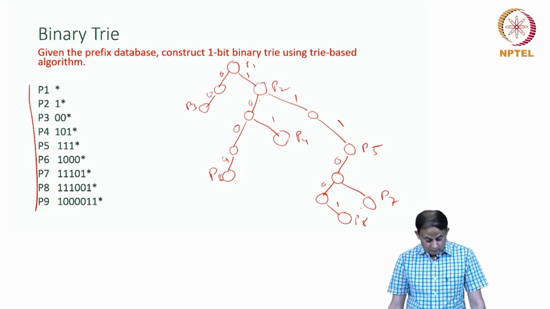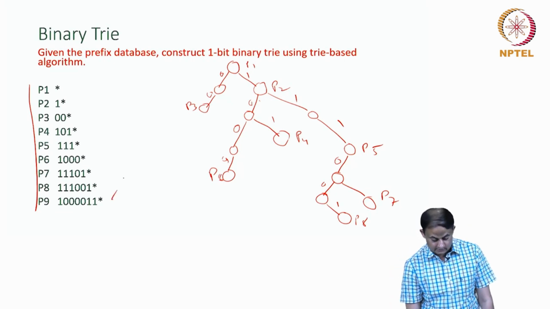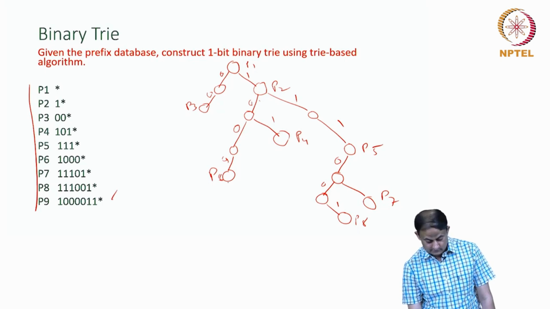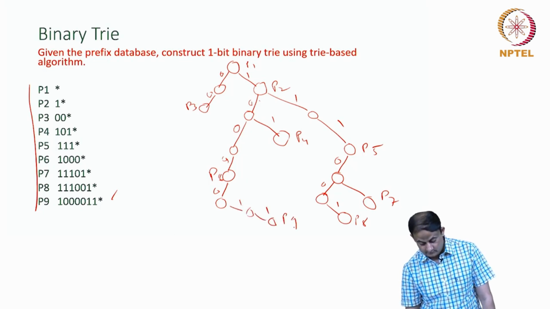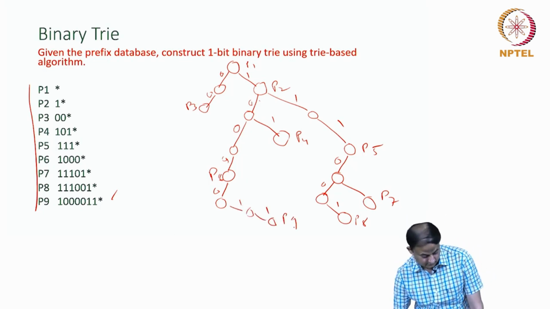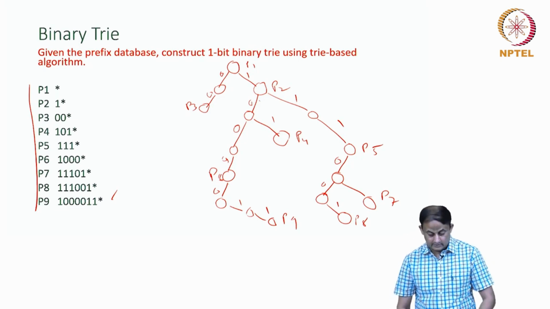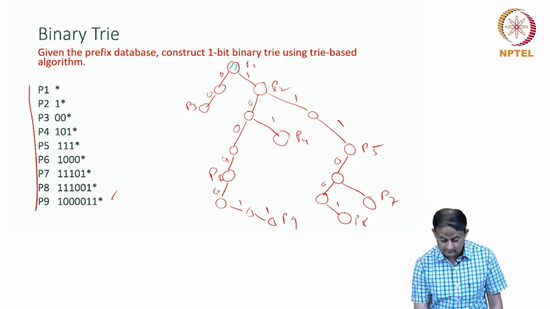P9 is 1 followed by 4 times 0 followed by 11 star. So 1 followed by 3 zeros is already there, one more 0 is a node, and then a 1 and then a second 1. This is my P9. I need to mark the nodes corresponding to prefixes, and I do it using the blue color here.